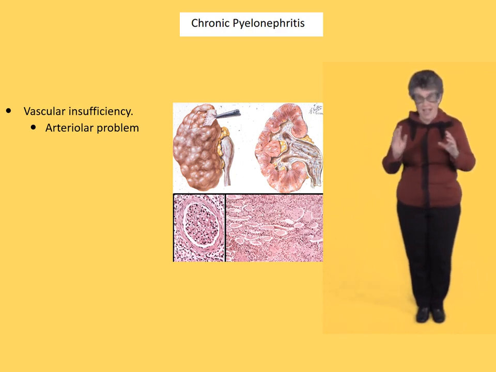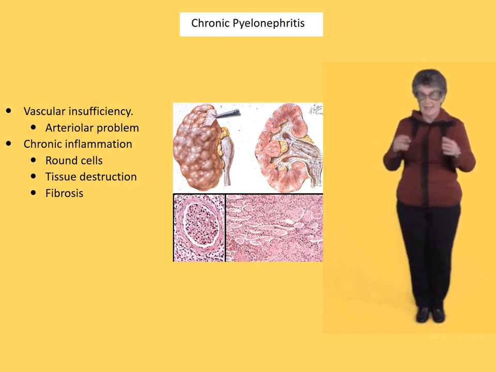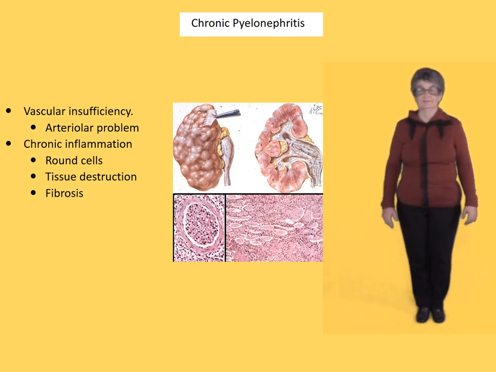This can lead to scarring. And with the scarring comes lymphocytes and chronic pyelonephritis. The lymphocytes lead to increased tissue destruction, and that's replaced by fibrosis. And before you know it, you've got a shrunken, knobbly kidney that's just not doing its job because of chronic pyelonephritis.